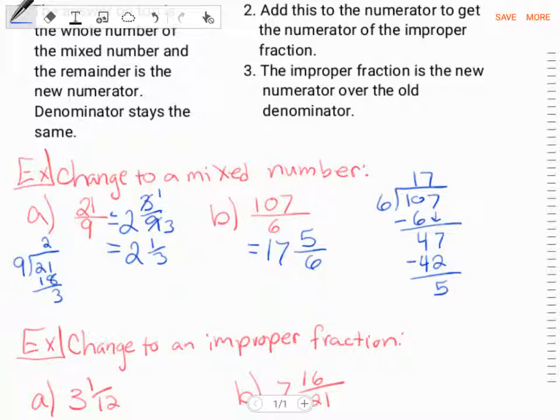Really all I'm saying is 6 goes into 107 seventeen times, with 5 out of those 6 pieces left over. That's all this is saying: 17 with 5/6 left over. I hope that helps with changing an improper fraction to a mixed number.